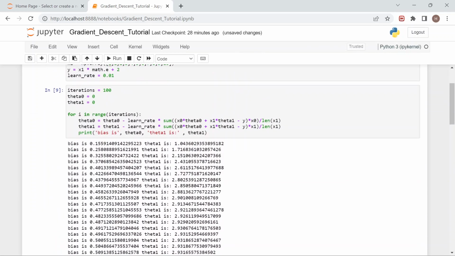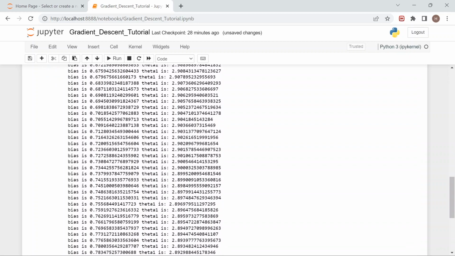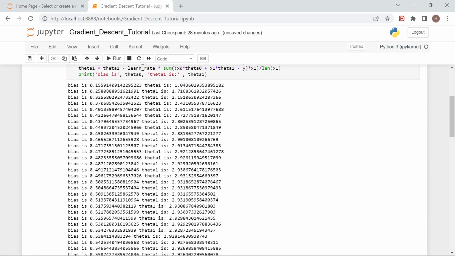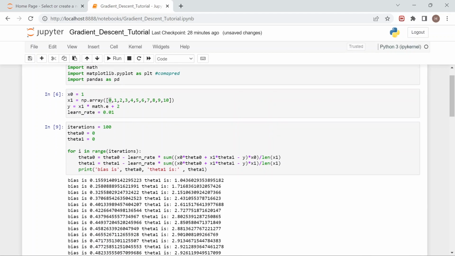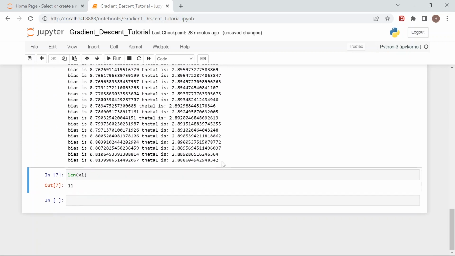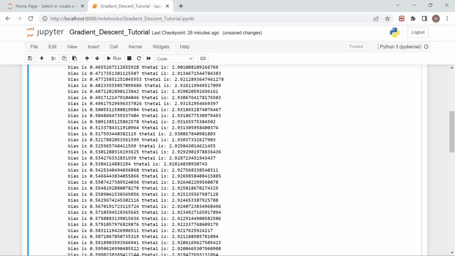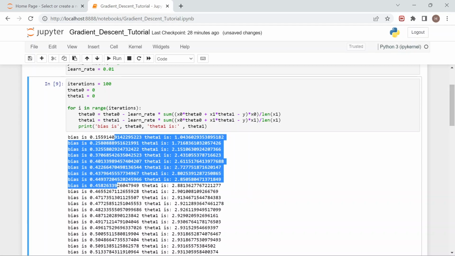So as you can see, it ran the equation, and it's saying my value theta 0 is 2.8, and then bias is 0.813. As you can see, it's getting closer and closer.